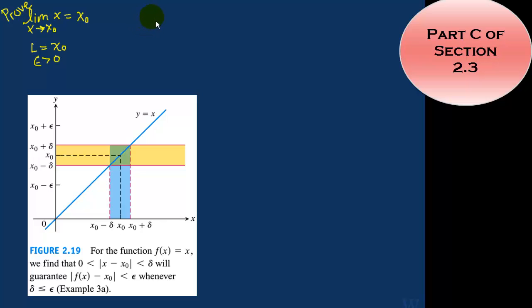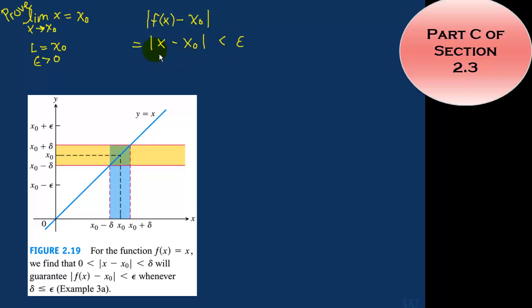And notice that if I take the absolute value of f of x minus x of 0, what I'll get is x minus x of 0. It's less than epsilon. Well, what do you think should be our choice of delta then?